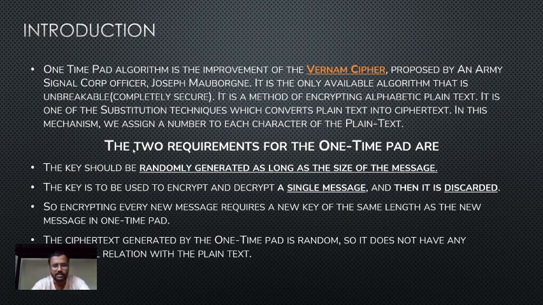For each message the key is varying. So encrypting every new message requires a new key of the same length as the new message; this is the one-time pad. The ciphertext generated by the one-time pad is random, so it does not have any statistical relation with the plaintext.